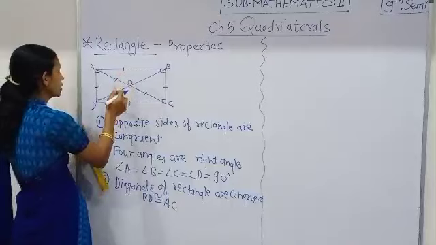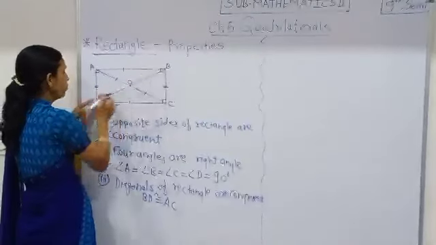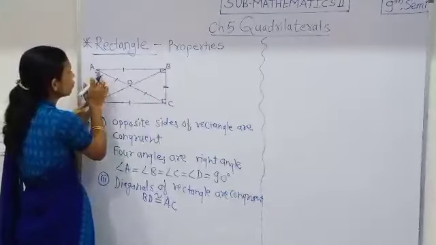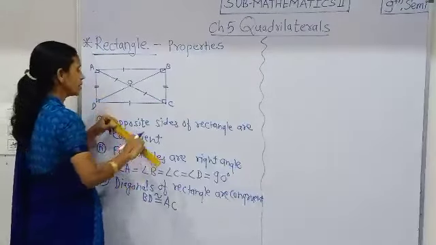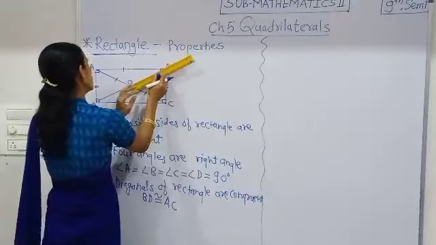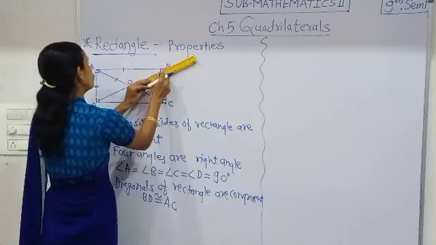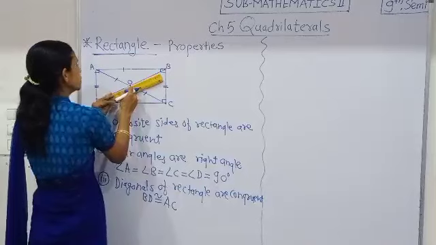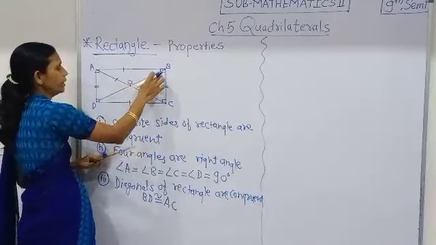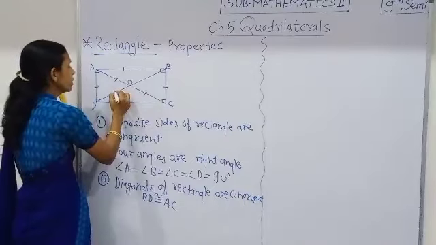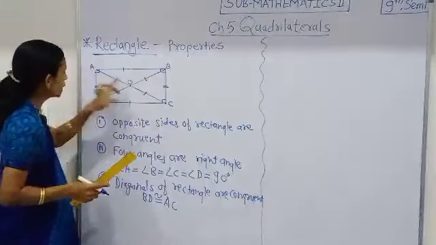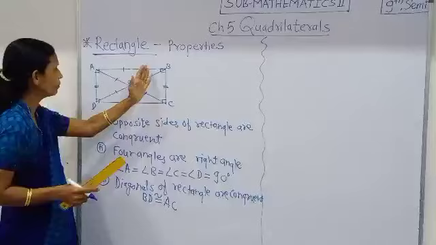That means we can conclude that diagonal BD is a bisector of AC, and if we measure the lengths of OB and OD, they are of the same measurement. Then we can also conclude that diagonal AC is a bisector of BD.